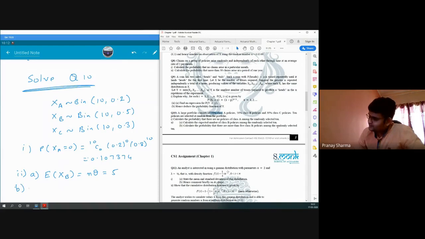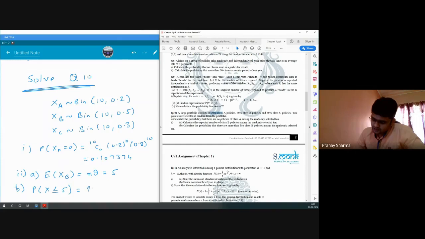Then the next part: calculate the probability that there are no more than 5 class B policies among the randomly selected 10. No more than 5. That means we want less than or equal to 5. We are talking about probability X less than or equal to 5, right? No more than 5 policies.